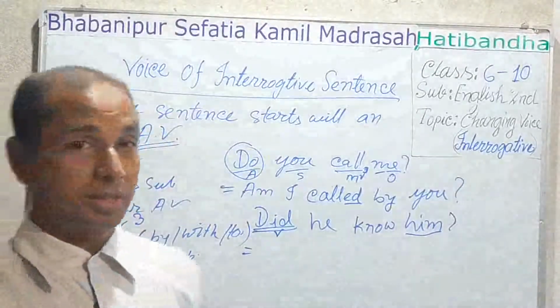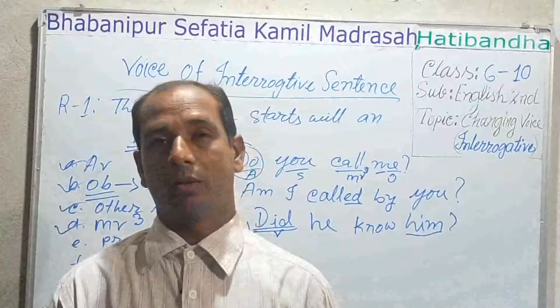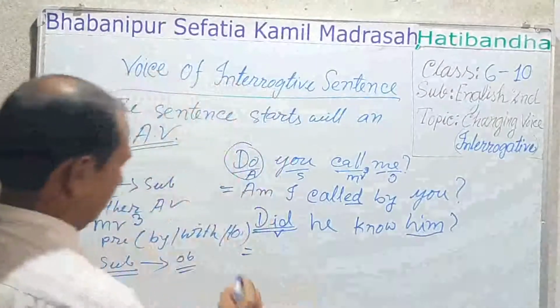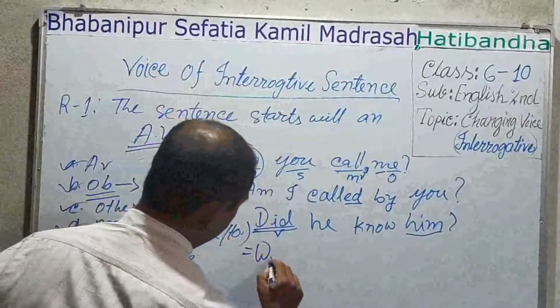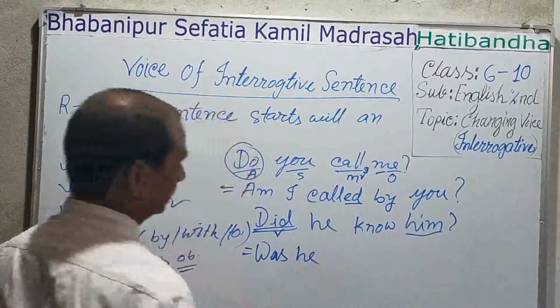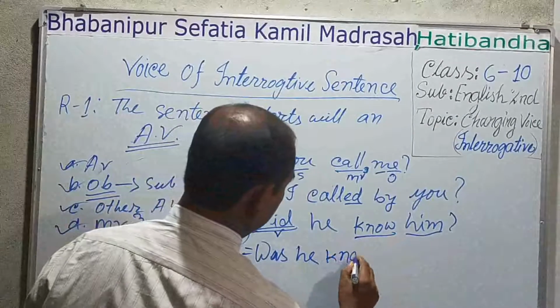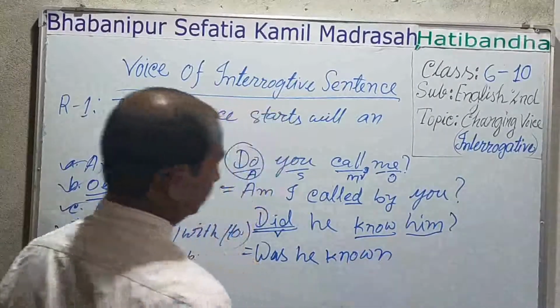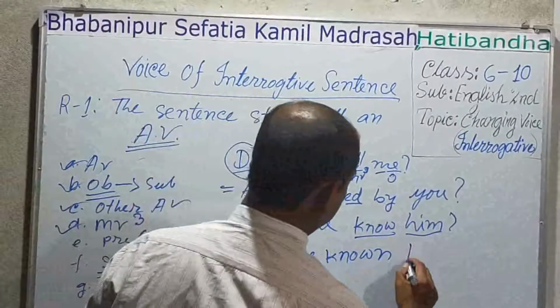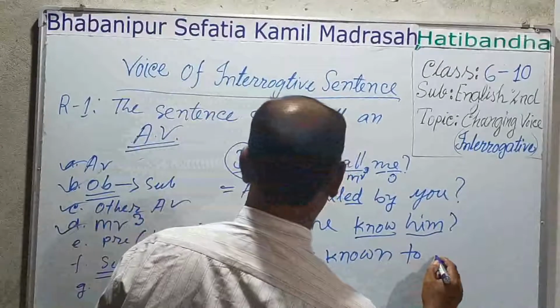If the subject is he, we have to take was instead of did. Was he, main verb past participle known, preposition to him.